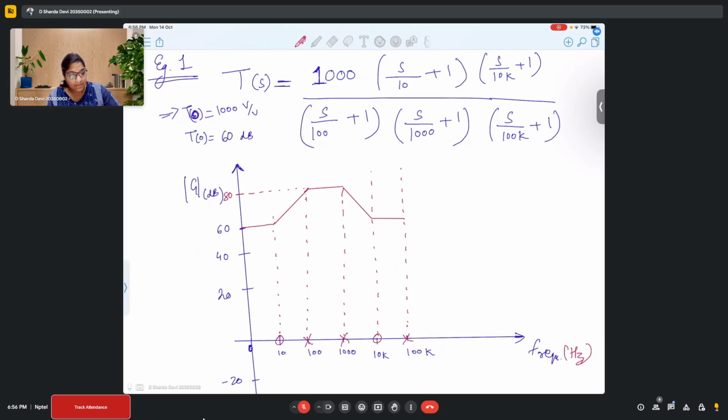The slope decrement is minus 20 dB per decade, right? So this is minus 20 dB per decade. Here it is 0 dB per decade. Here it is minus 20 dB per decade. Here it is 0 dB per decade. Here it is plus 20 dB per decade. Here it is 0 dB per decade.